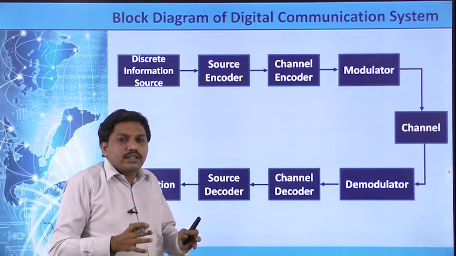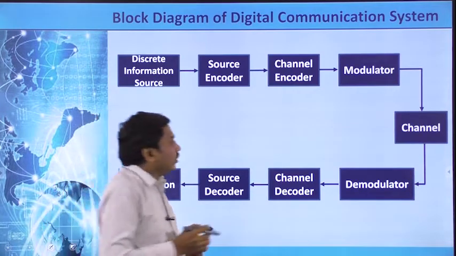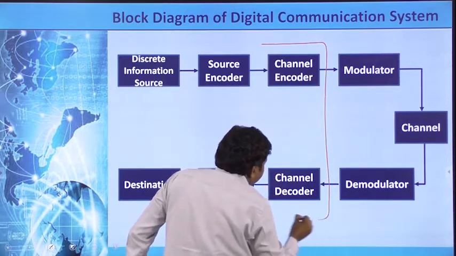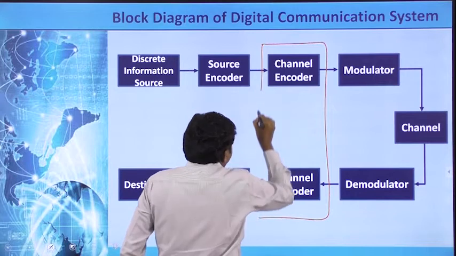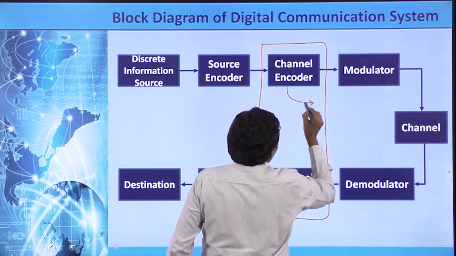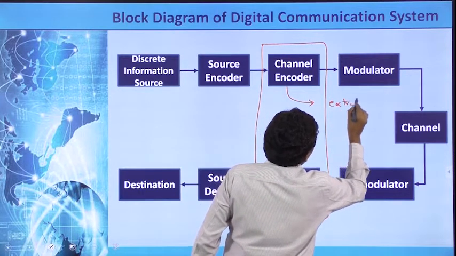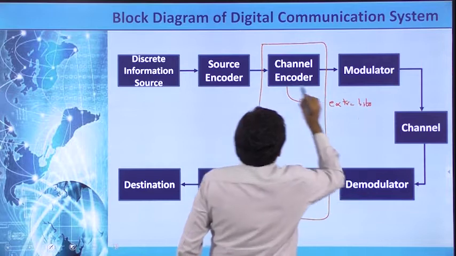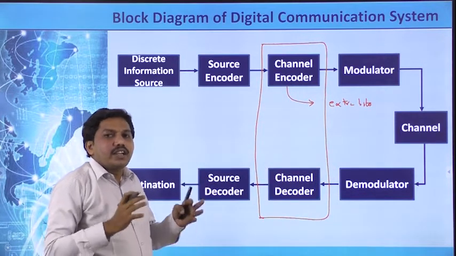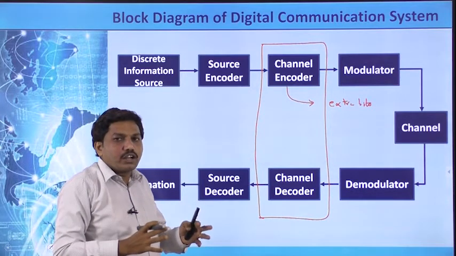So look at the block diagram of a digital communication system. Here in the transmitter we are using a channel encoder, whereas in the receiver we are using a channel decoder. The function of the channel encoder is to add some extra bits to the output of the source encoder.